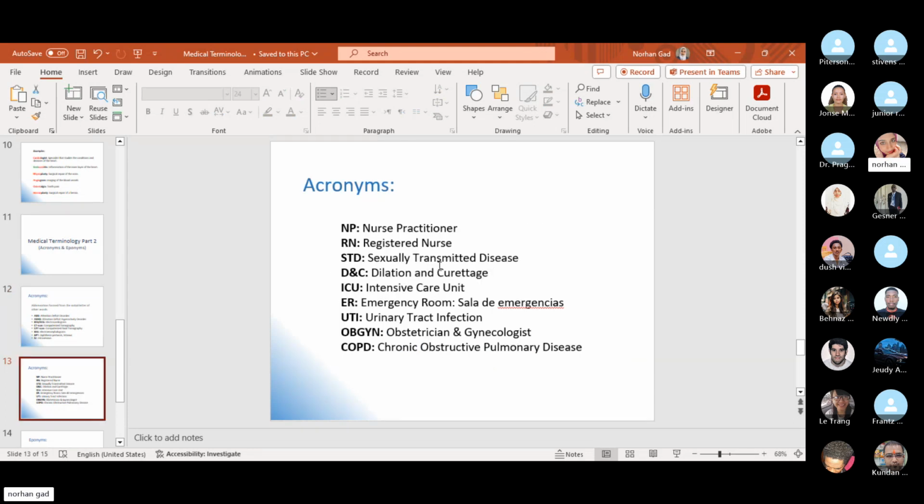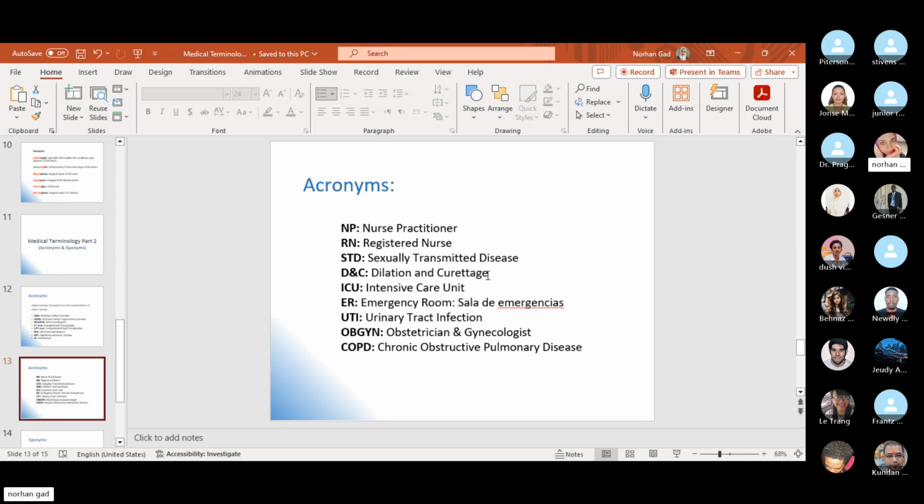Okay, so acronyms again. Acronyms should be said the same way in English, used as they are, and then followed by the meaning or the equivalent in your language. If you don't have an equivalent, you can just go with the meaning, like dilation and curettage. This is the name of a procedure that they do to a pregnant woman who lost her baby inside her belly.